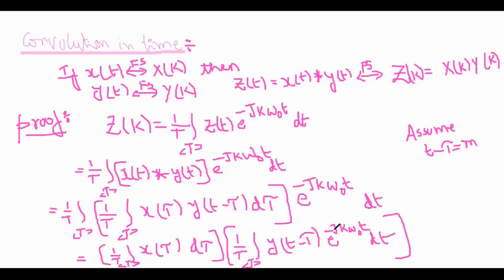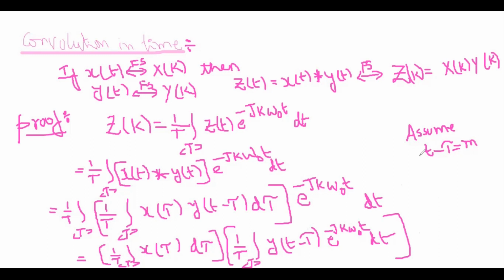Or by using the time shift property, you can replace this whole parenthesis as e power minus jk omega naught t naught, actually instead of t naught here the tau, into dt, y of k.